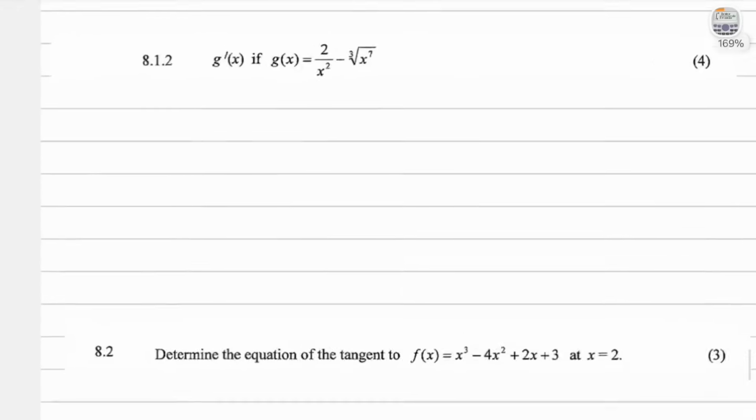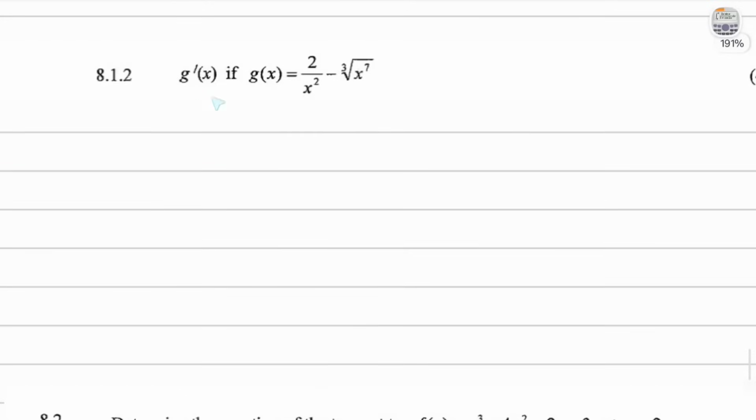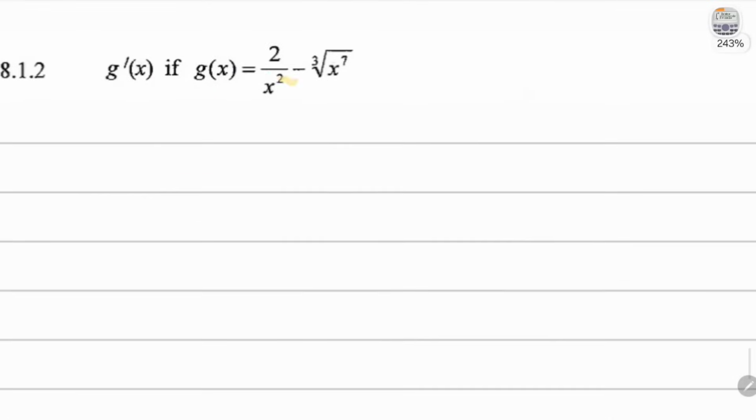Question 8.1.2 says we have to find g prime of x if we are given that g of x is equal to this. So do you see here with this one, you have x in the denominator, you have a surd. Clearly there are things that we need to fix here. So we'll say g of x is equal to, and to make sure that this is not in the denominator, we'll bring it to the numerator.